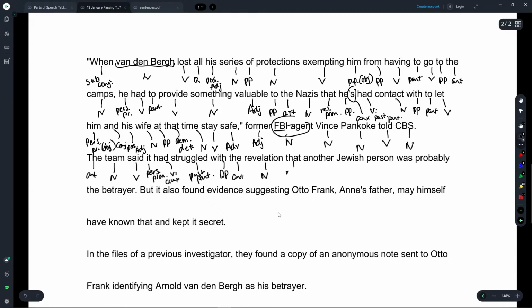That, relative pronoun. Another, that's a nice one. What do we do with "another"? Well, it says something about a Jewish person, so I would say that it appears as an adjective.